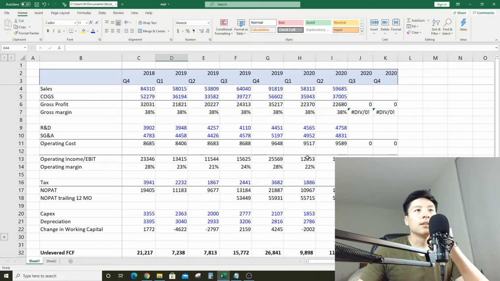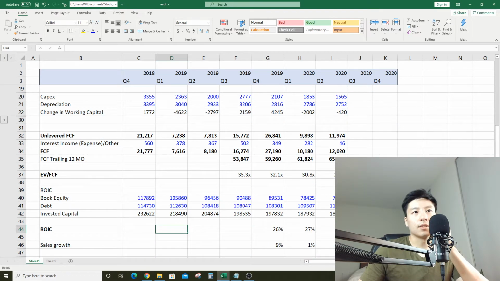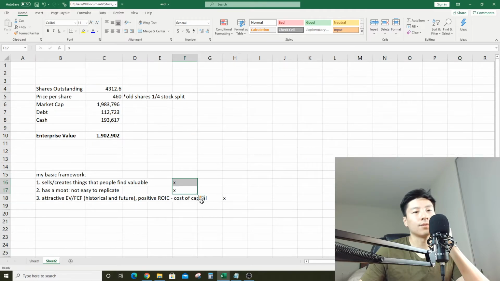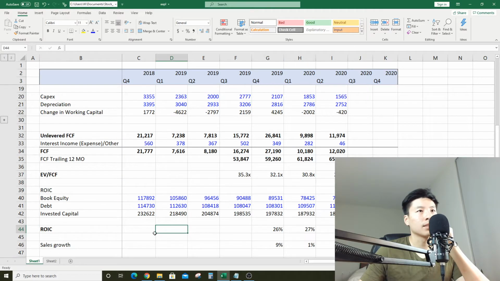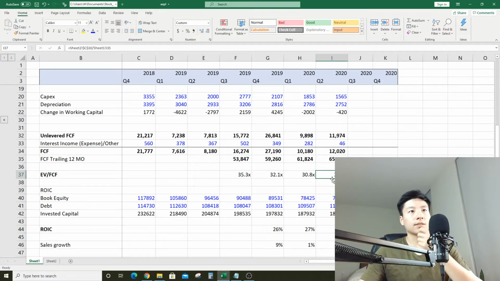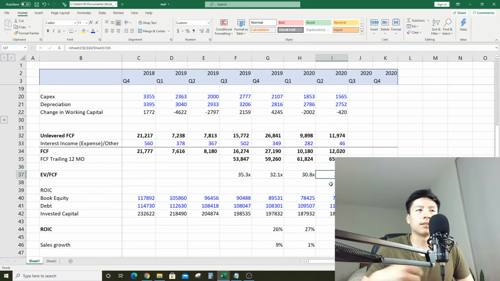Enterprise value to free cash flow. This tells you how cheaply Apple is trading, and this is telling us that Apple has an enterprise value to free cash flow of 29 times, around 30 times. Here's the way I think about it.